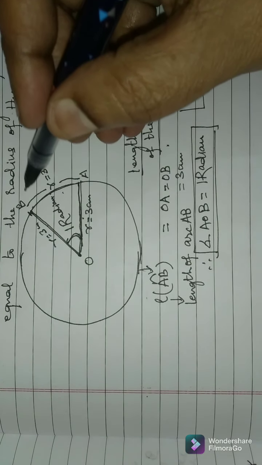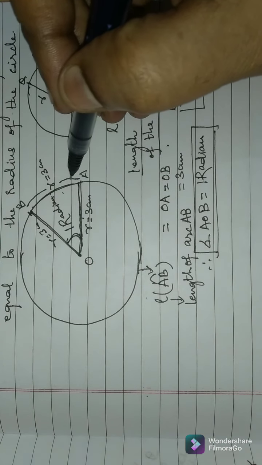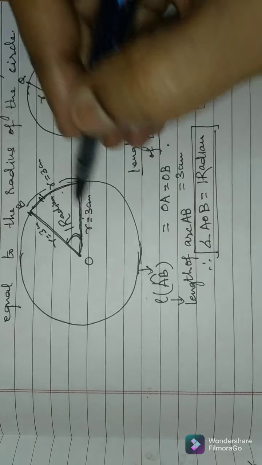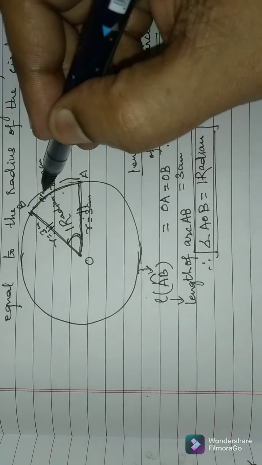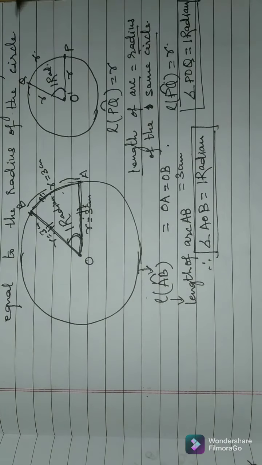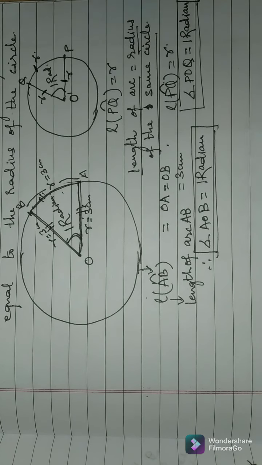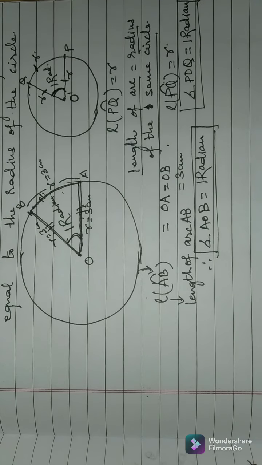So 1 radian is the angle made by the arc of a circle in which the length of the arc, this length, is equal to the radius. This length is equal to the radius; arc, radius, all are equal over here. Then the sector angle is 1 radian.